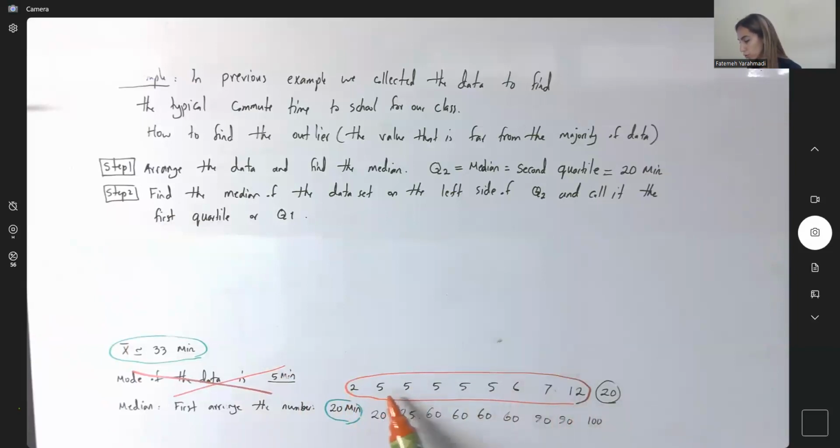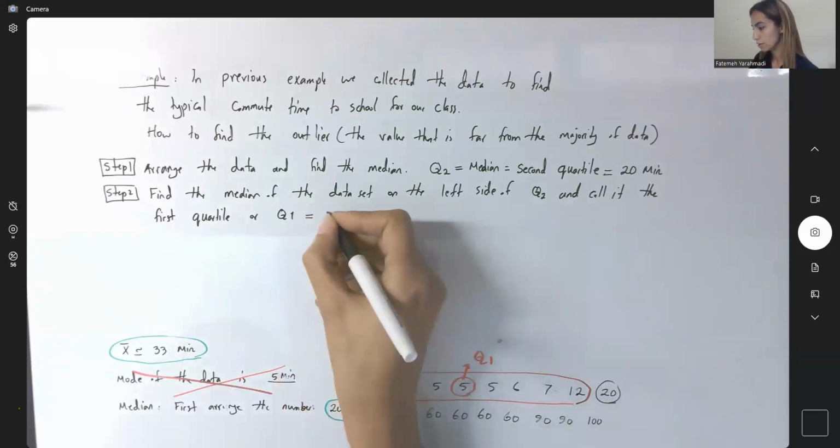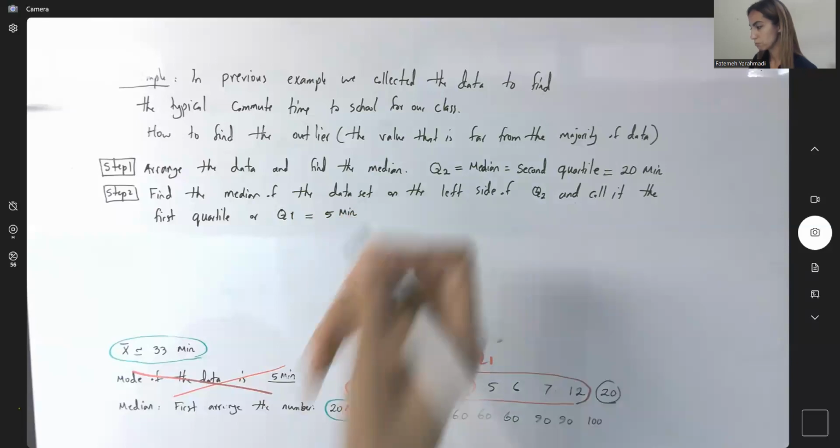I have 1, 2, 3, 4, 5, 6, 7, 8, and 9 data here. 4 on the left, 4 on the right, so 5 is going to be my Q1. Q1, or the first quartile, is going to be 5 minutes.